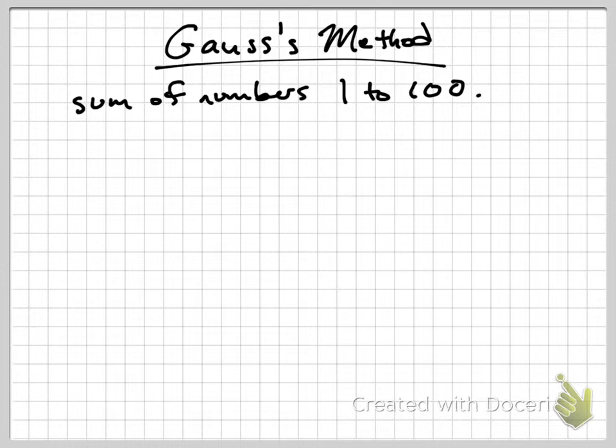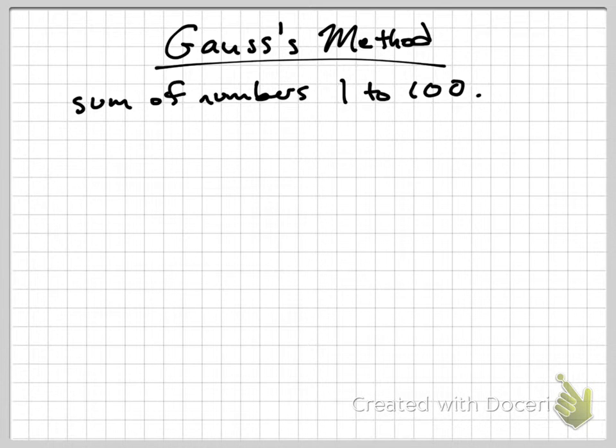And the legend is that young Carl came back with the answer quite quickly in a way that really surprised everybody in the room, and his teacher was astounded, and everybody's like, wow, this guy really did his thing on this one.